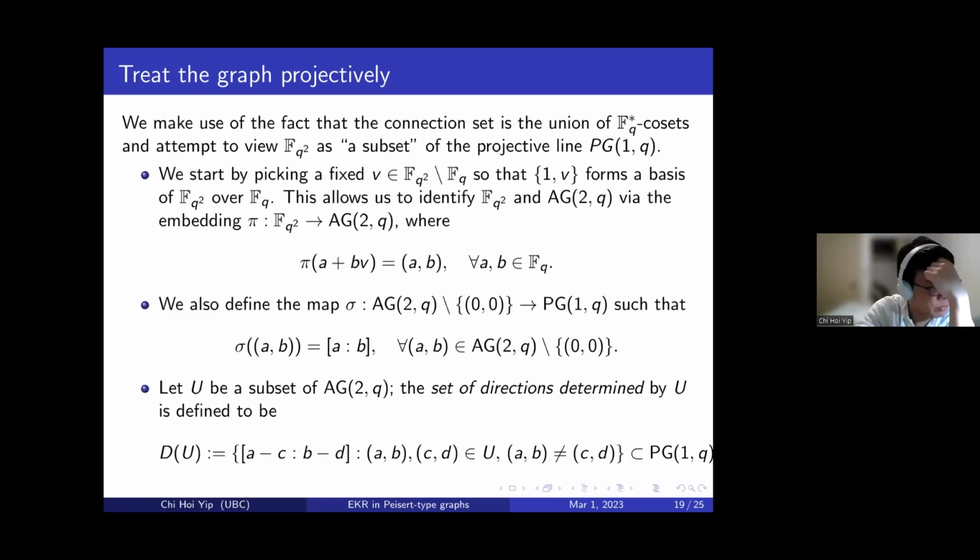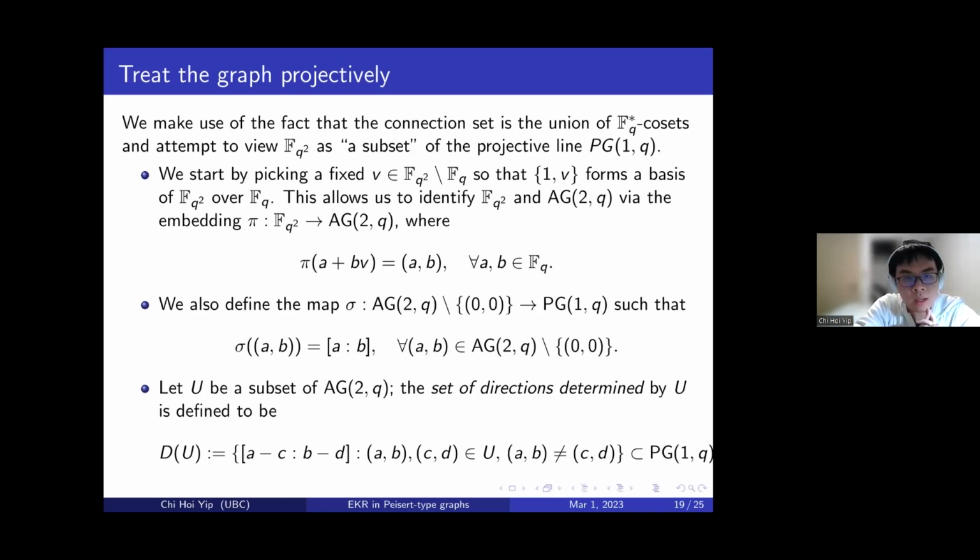Without that, we cannot do anything related to this. Because the connection set is a union of F_q star cosets, we are only interested in which cosets appear in the connection set, not in which elements actually appear. That naturally leads us to think of the connection set as a subset of the projective line.